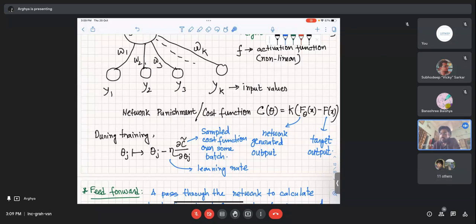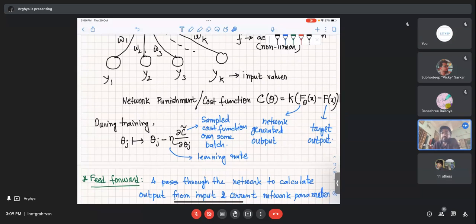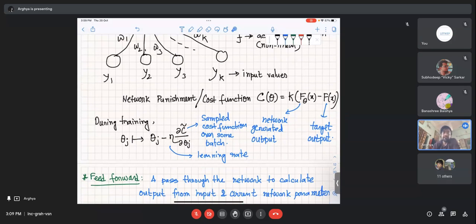And as we have also discussed, since in training we have a lot of data, on the order of 10,000, 20,000 data points, calculating the cost function for all of them is normally computationally very inefficient. So what we do is sample out a smaller fraction of the full data and calculate the cost function over that smaller fraction.